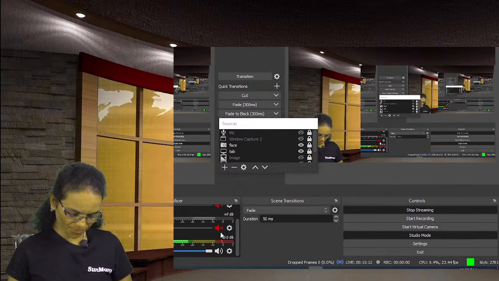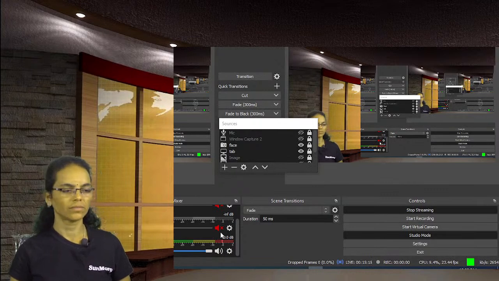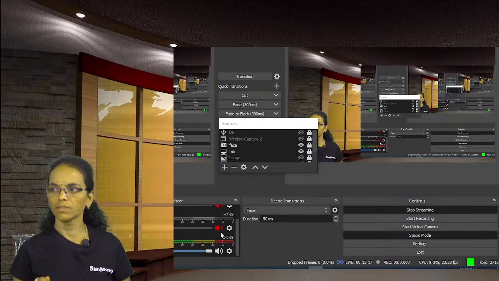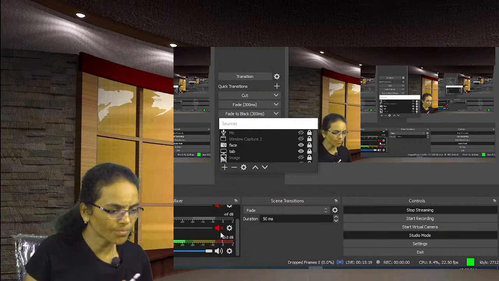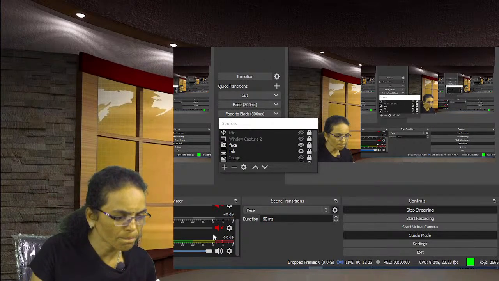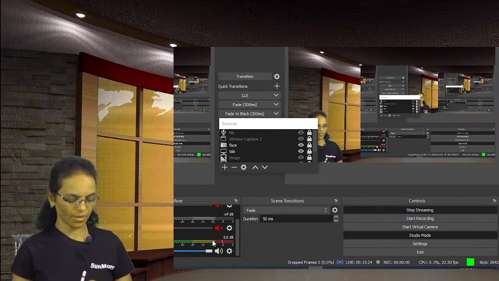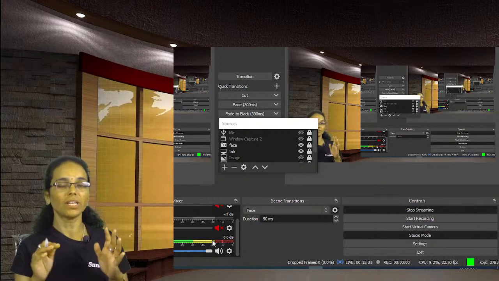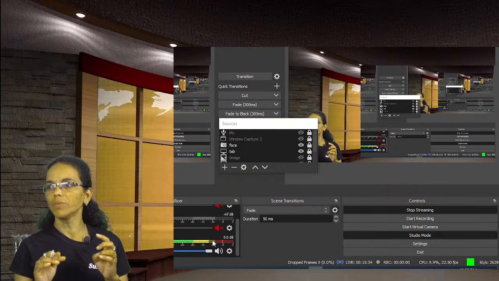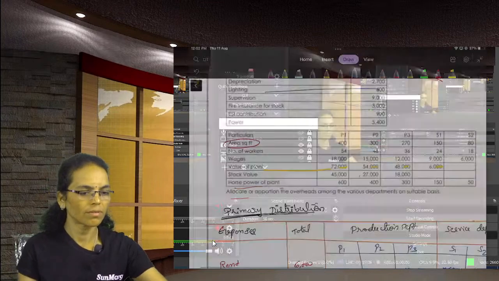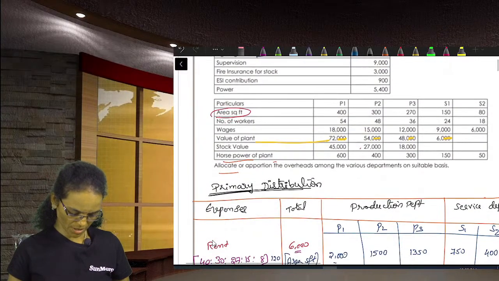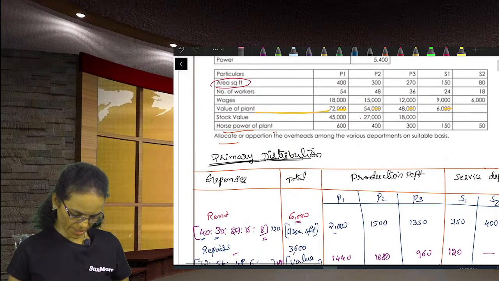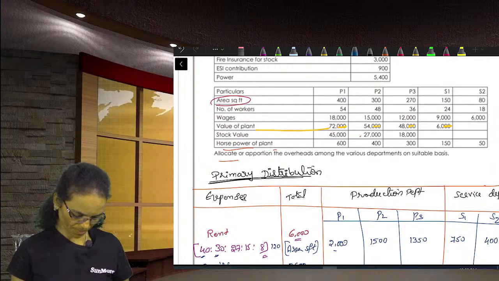Next one is lighting. It is on the basis of light points, if the number of light points is given.